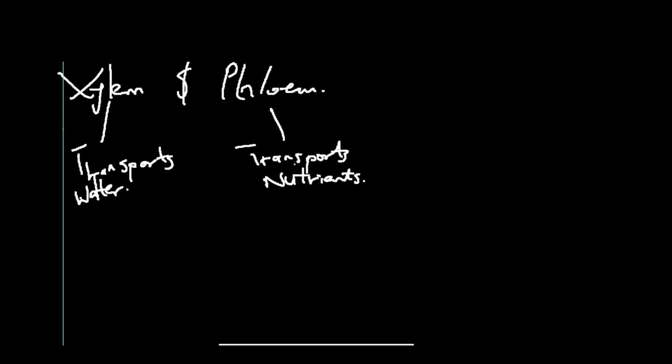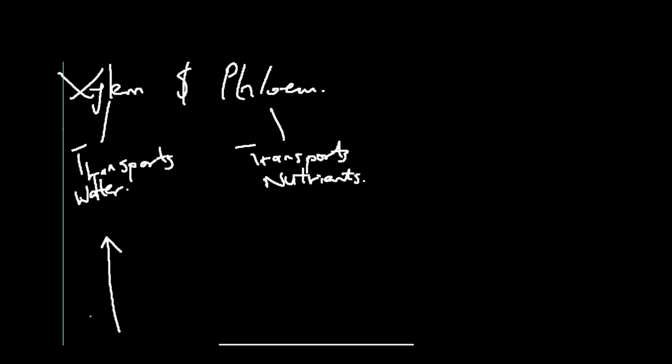Now, it is in the soil that we have water. Water is usually found in the what? In the soil, and then it is used by the leaves. So the movement in the xylem is always upwards. The direction of water flow is from the what?